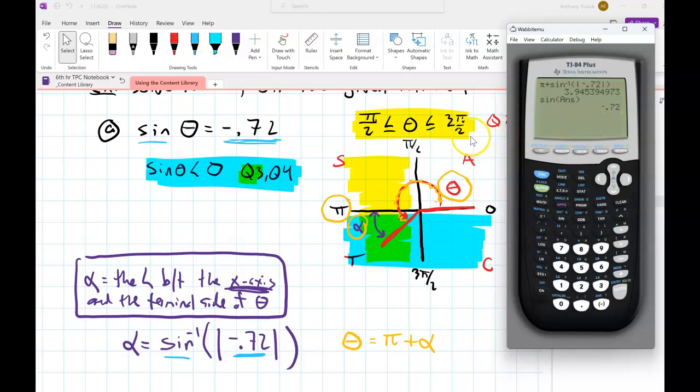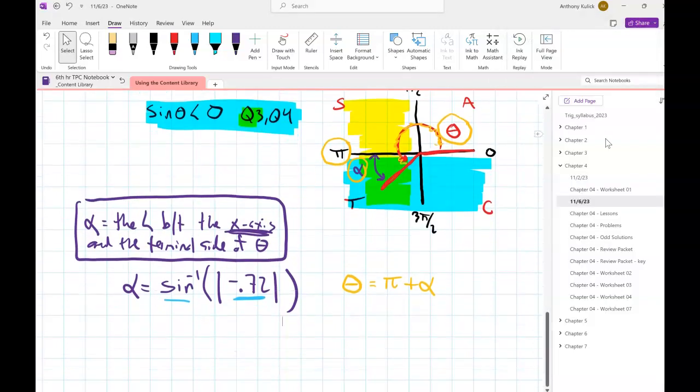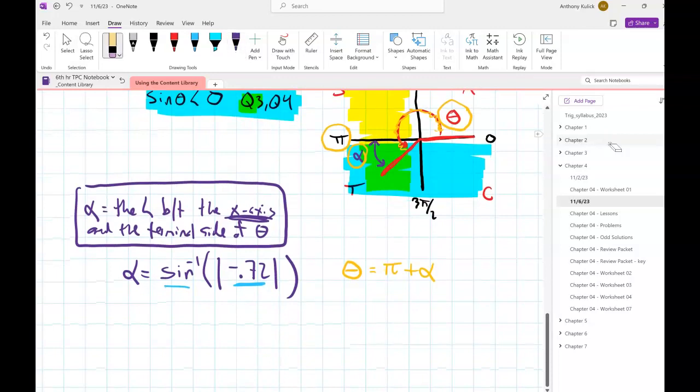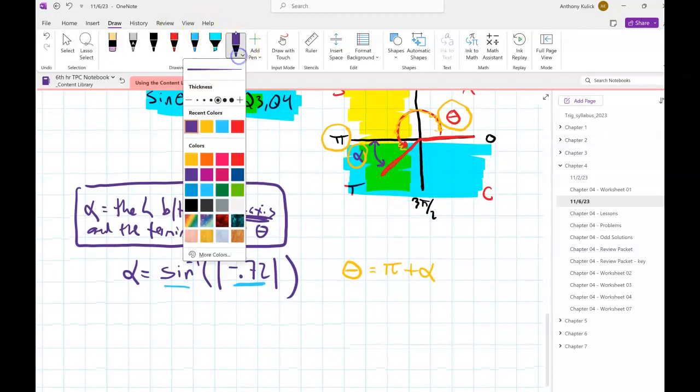The other thing I want to check is to make sure 3.95 is bigger than pi over 2, but smaller than 3 pi over 2. So definitely bigger than pi over 2. Definitely smaller than 3 pi over 2. So what can we say? That's our answer, right?